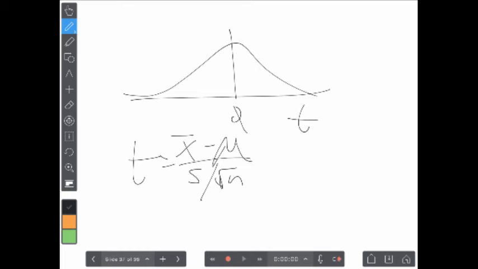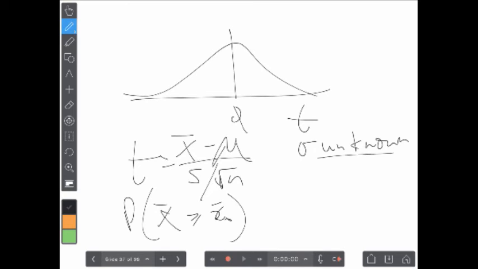If I knew sigma, I would not need t, I would only need z. All right? And I could now find probabilities that x bar is greater than some value. And if sigma is unknown, then I must use the t value right here. So based on the t value and the degrees of freedom, I could actually find the probabilities.